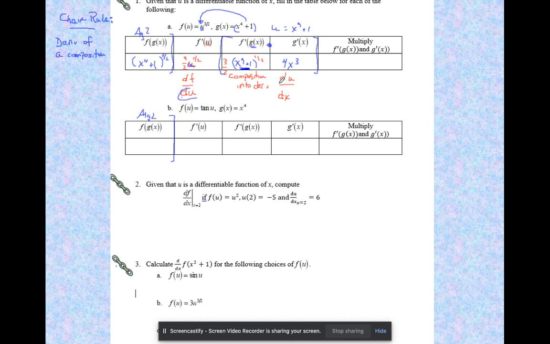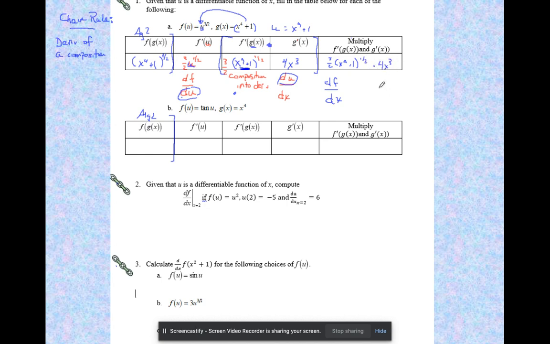Notice the chain here, right? See my chains? I end up with the derivative of f with respect to x, which is 3/2 x to the fourth plus 1 to the 1/2 times 4x cubed.